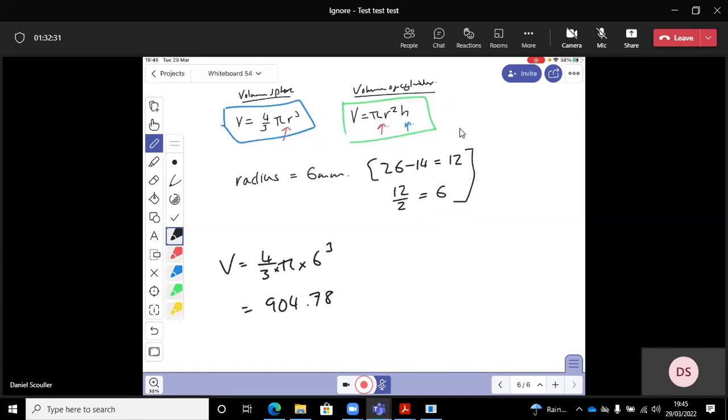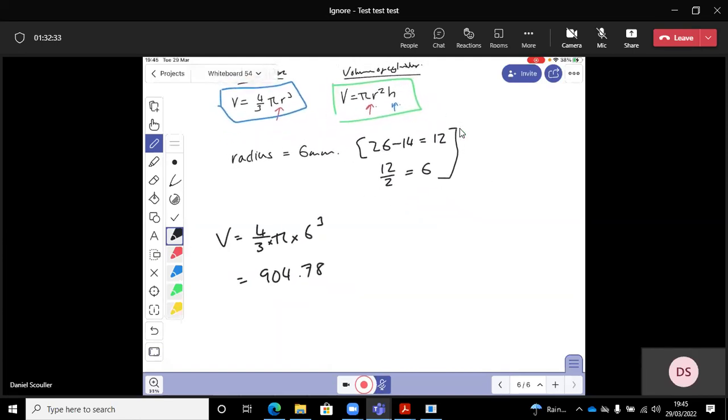And then the cylinder, which is pi times 6 squared times 14. Seems high. And then the total is adding them together. Is that right?